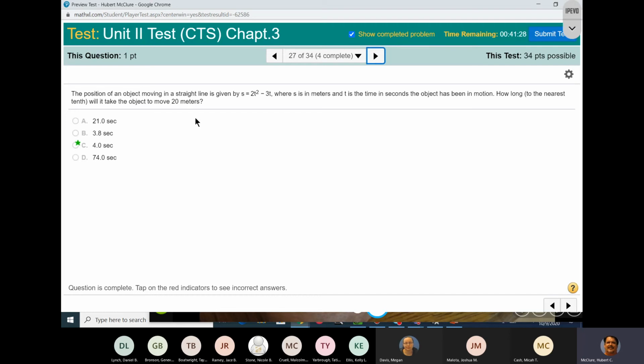How long, to the nearest tenth, will it take the object to move 20 meters?